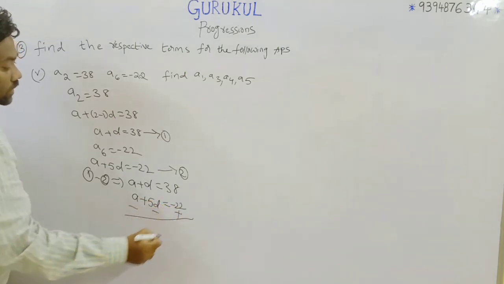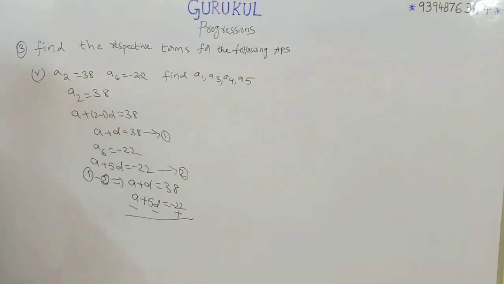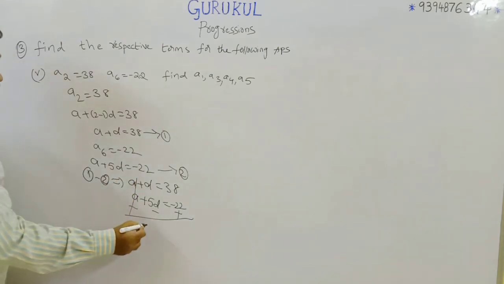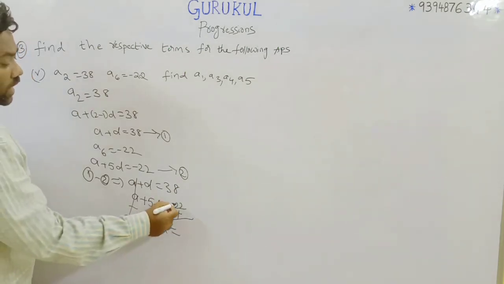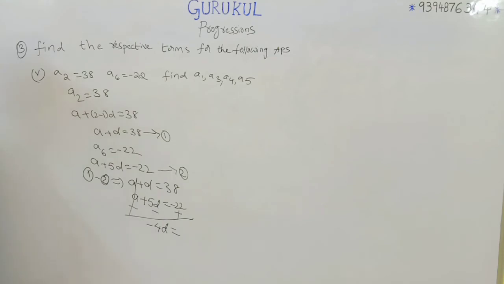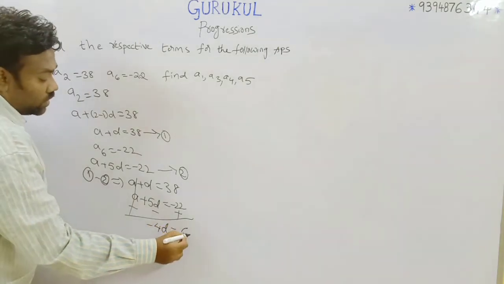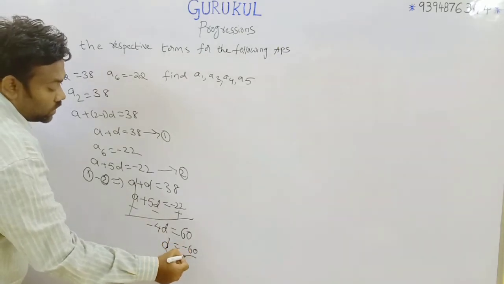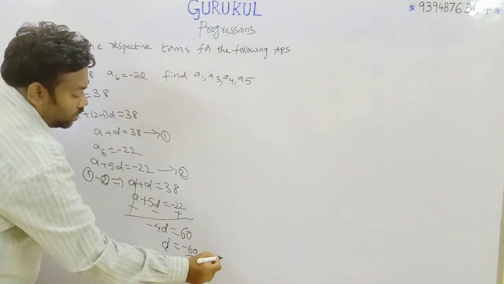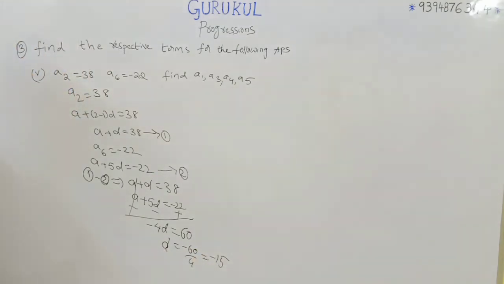Minus minus plus, sign change, plus. a minus a cancel, d minus 5d, minus 4d. 38 plus 22, 60. d equal to minus 60 by 4 equal to minus 15. So d value is minus 15.